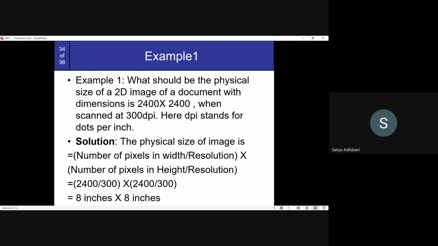So the physical size of the image is the number of pixels in width divided by the resolution, and the number of pixels in height divided by the resolution. You see here the resolution is given. The physical size of the image is 2400 divided by 300, by 2400 divided by 300, that is 8 inch by 8 inch.